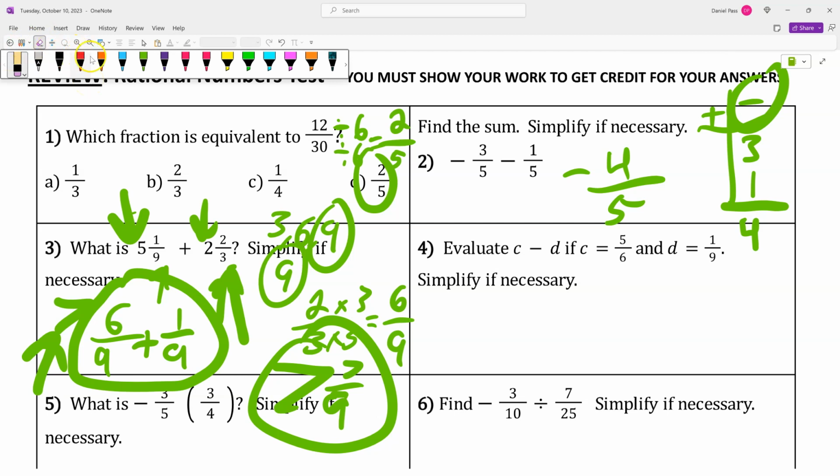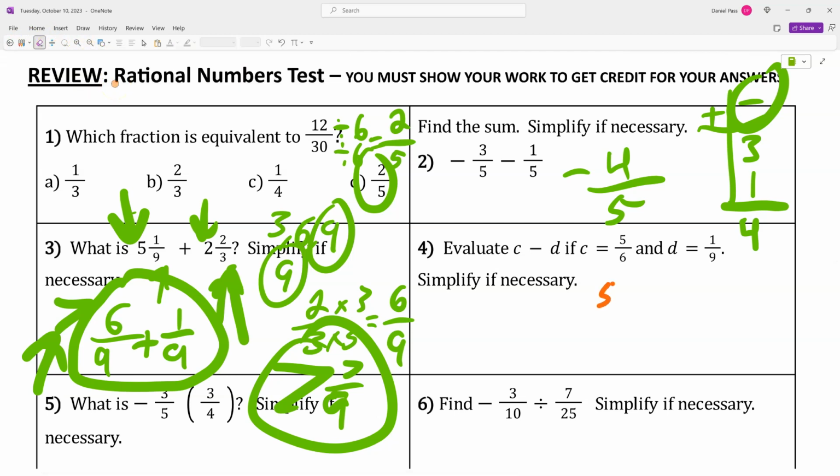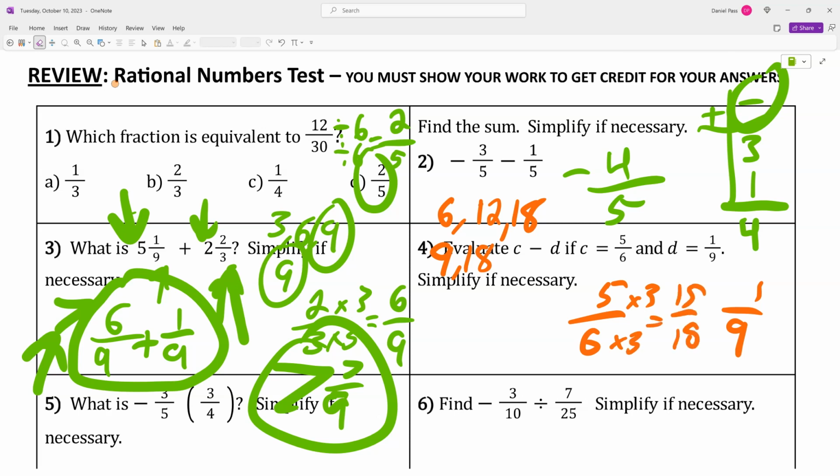So 5/6, which is C, and negative 1/9. Again, we need to get a common denominator. We get 6, 12, 18. It's going to be 18, because I know that 18 goes into 9. So this is going to be times 3 over 3. So we get 15/18.